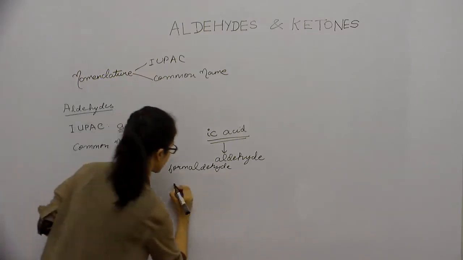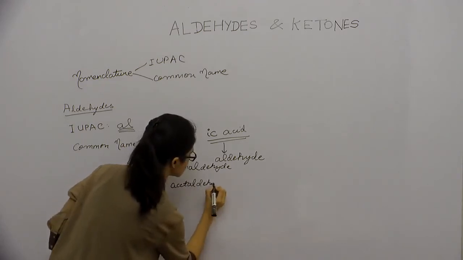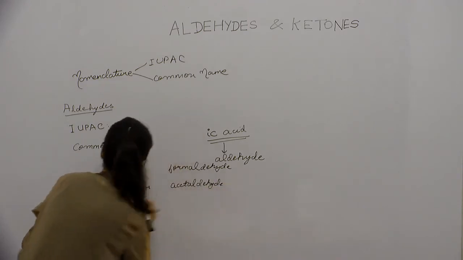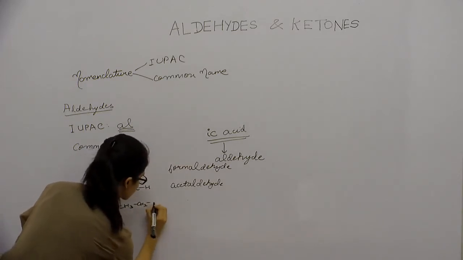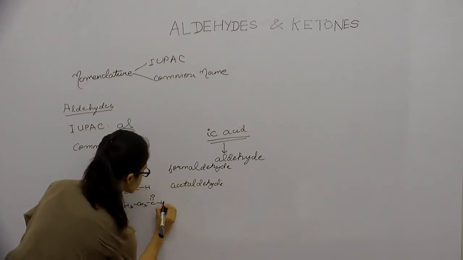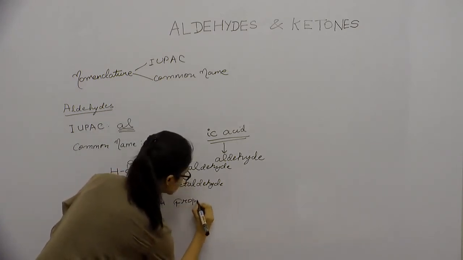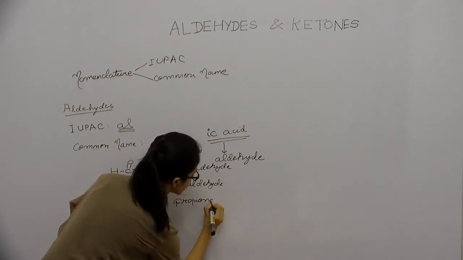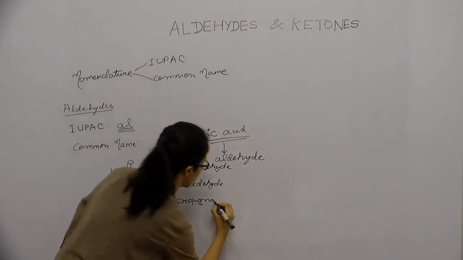This would be acetaldehyde. Then we take a 3 carbon chain, CH3, CH2, C double bond OH. This would be propionaldehyde, because it is propionic acid. So this is propionaldehyde.